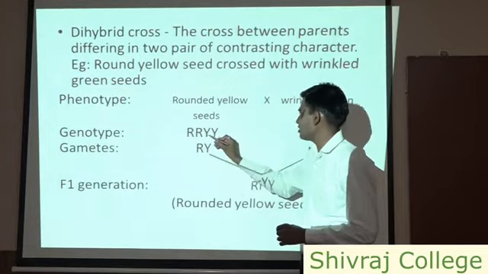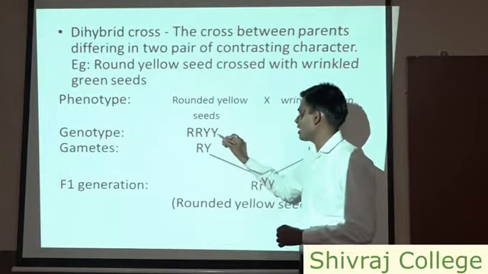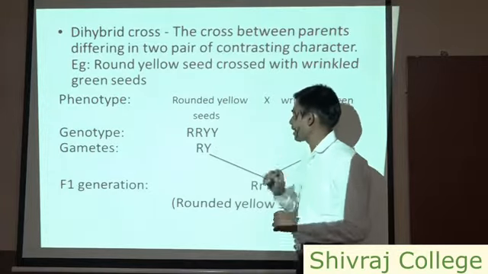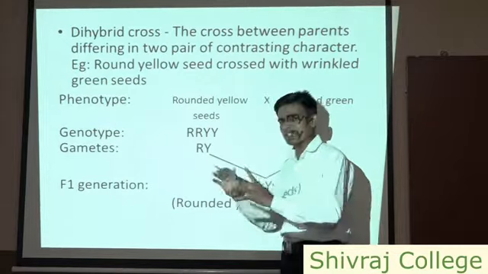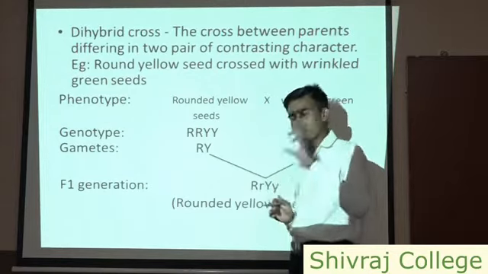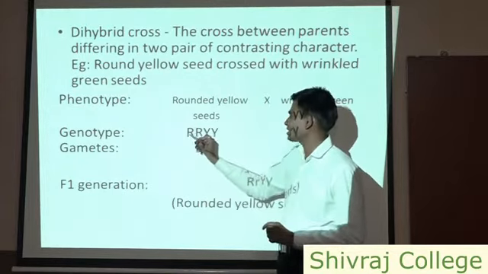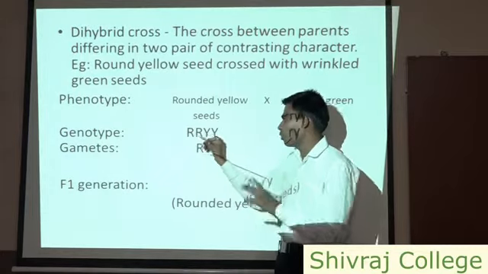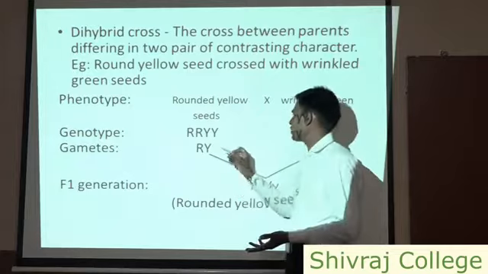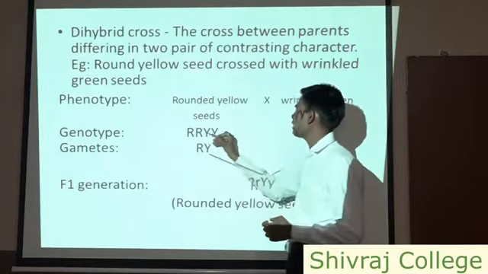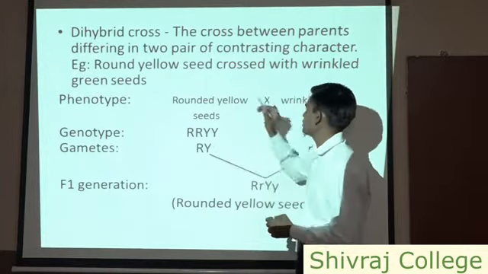For yellow color, capital Y, these 2 factors are responsible for formation of the yellow color. That is the actual genetic constitution, or what Mendel called a factor. Both capital R factors are responsible for round shape. Likewise, both capital Y factors are responsible for yellow color.